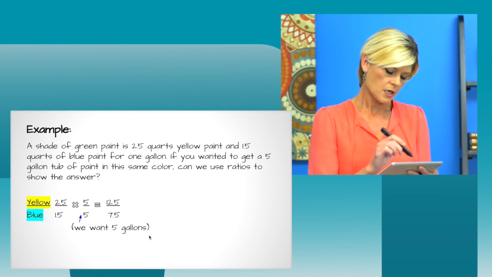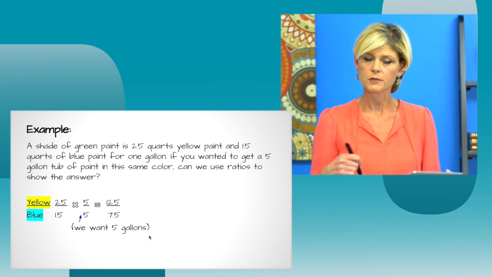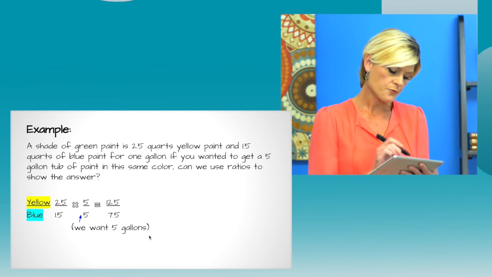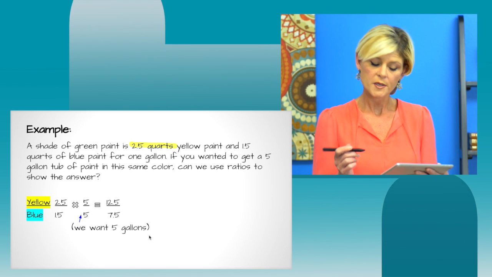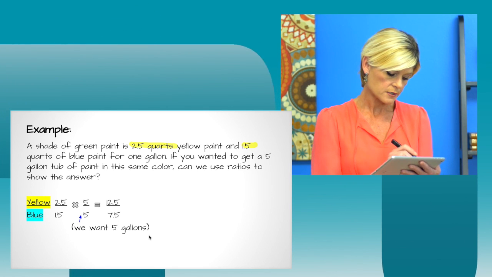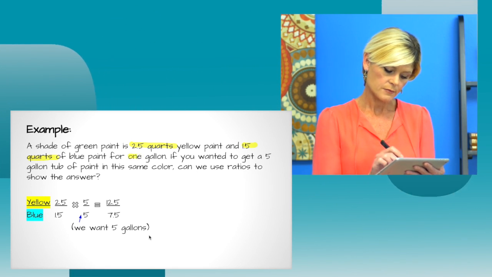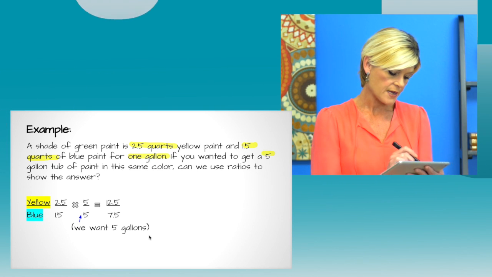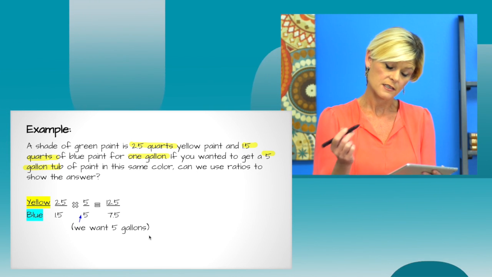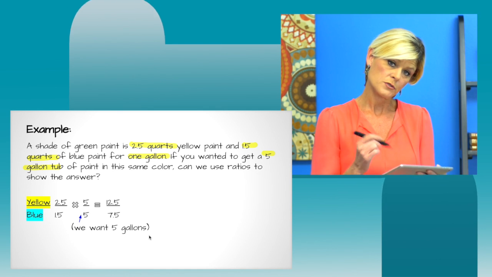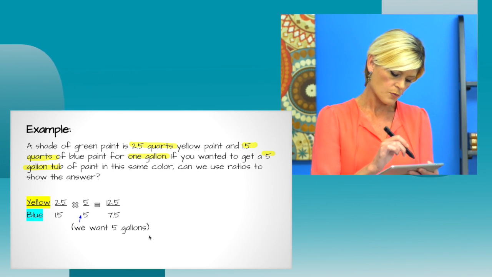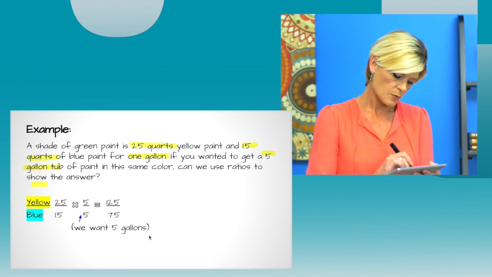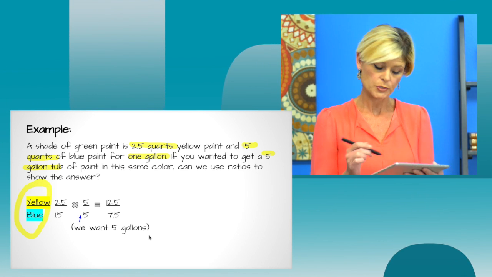Okay, let's take a look at an example of a problem using a ratio. A shade of green paint is 2.5 quarts yellow paint and 1.5 quarts blue paint for 1 gallon. If you wanted to get a 5-gallon tub of paint in the same color, can we use ratios to show the answer? So what we'll do is we'll start out by writing the ratio as yellow to blue.